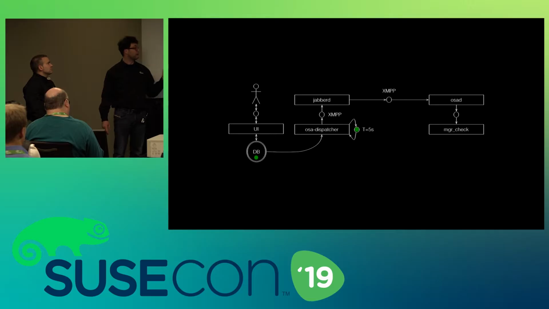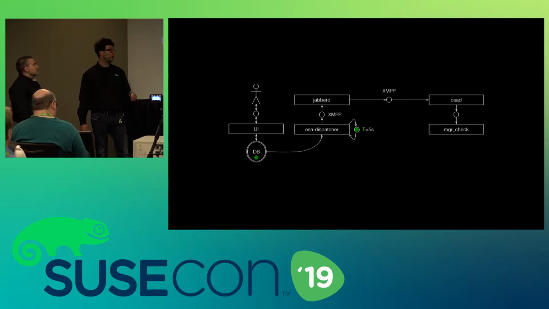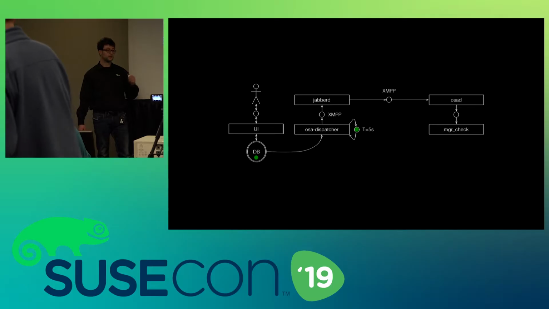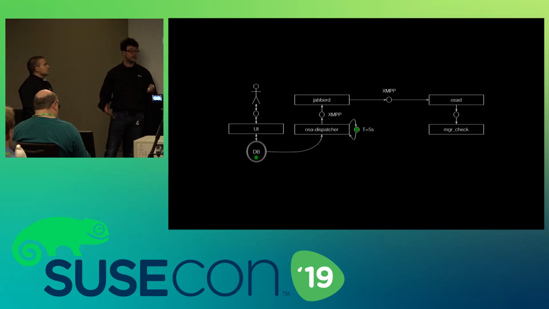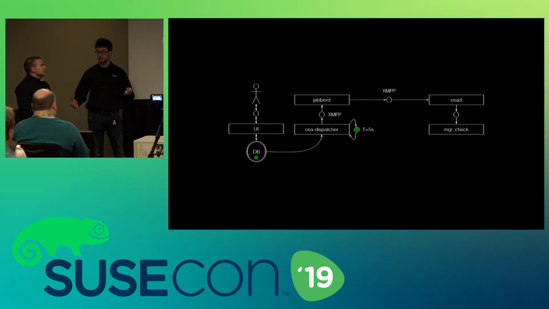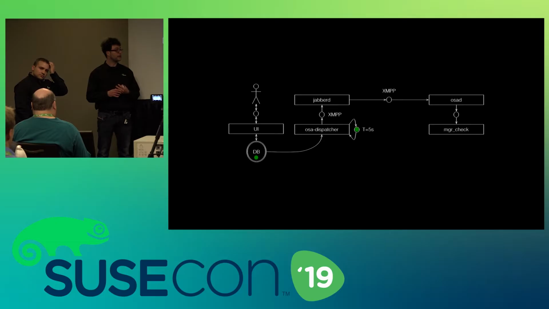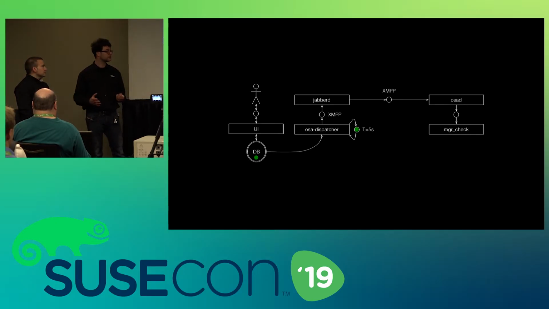I have to say, those particular components, JabberD and OSAD, have shown some robustness problems in the past when it comes to flaky networks. So if you happen to have a network that loses packets from time to time, or is particularly slow, and the connection is not 100% perfect, we have had some problems in the past.